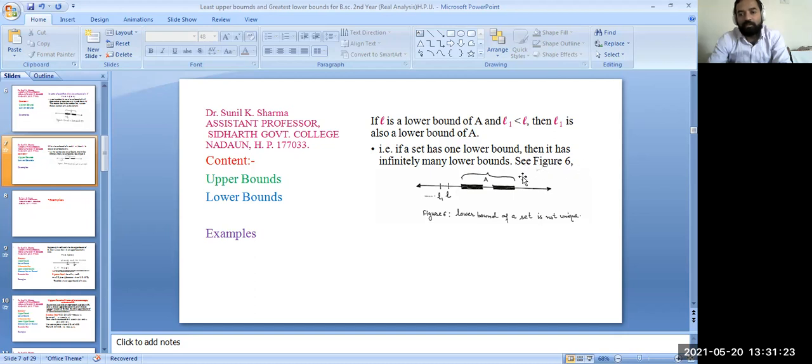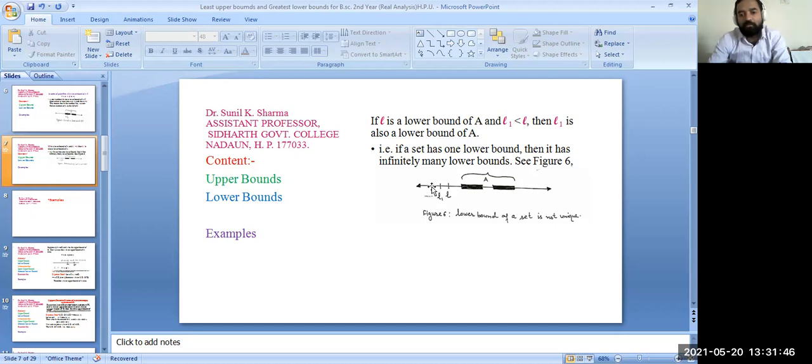You can see in this figure that this is our non-empty set A. L is a lower bound because L is less than or equal to x for all x belongs to A, and L1 is less than L, so L1 also satisfies the same property. It means L1 is also less than or equal to x for all x belongs to A. So L1 is also a lower bound.